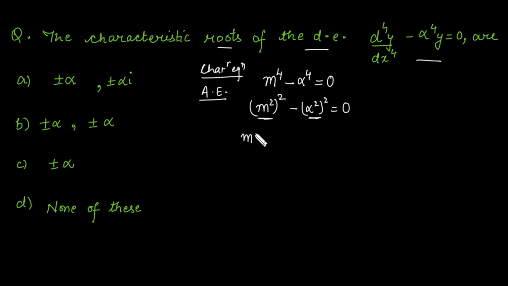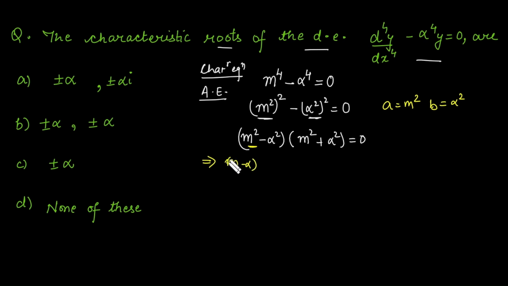So according to this, m square minus alpha square plus m square plus alpha square. Where I have taken a as m square and b is equal to alpha square. So a square minus b square is a minus b into a plus b. So from here we can write m minus alpha into m plus alpha, and this factor is as it is.